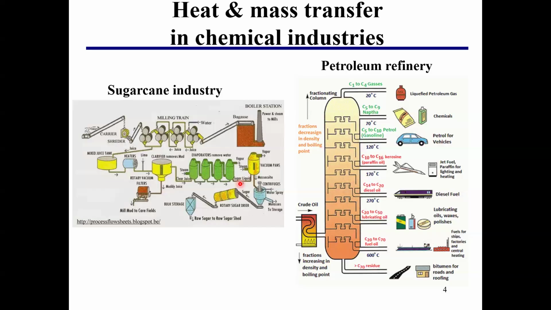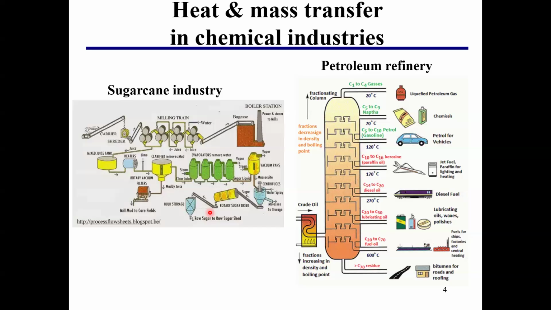And ultimately we also have a centrifuge to remove as much water as possible, and finally it goes through a rotary dryer to dry the sugars. All right, and you can see this heat exchanger over here, the evaporator and the dryer. They are all heat exchange equipment, and to design those you need to know the basics of heat transfer.